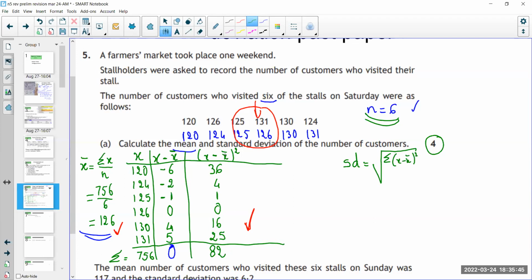We've added all our X minus X bar squared, but then you divide it not by N, but by N minus 1. And there you go. That's why we added them all up. We've got square root of 82 over 6 minus 1. What is 6 minus 1? 5. You put that in.